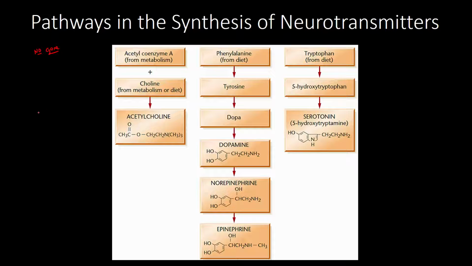Instead, an enzyme, choline acetyltransferase, we abbreviate that as CHAT. Choline acetyltransferase is going to take these two components and cause them to bond together in a certain way to form acetylcholine.